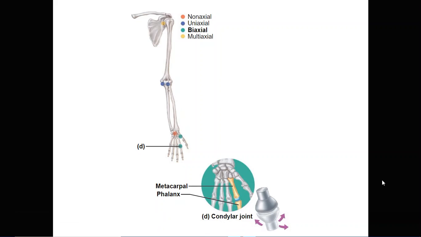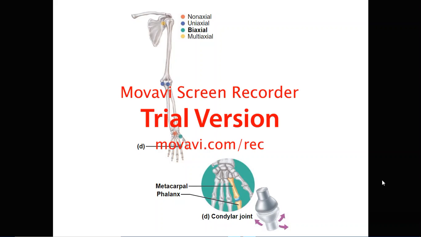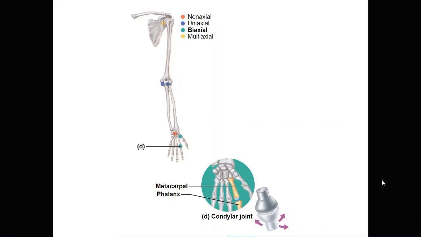And again, with this kind of movement, you have movement in two planes, so that's flexion and extension, and also sideways movement is allowed at this metacarpal phalangeal joint.